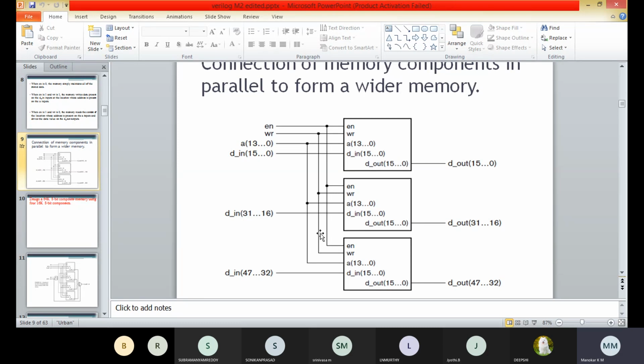Here if an application for which we are designing a system needs a memory of some other width, we need to use a number of memory components in parallel. For example, if we need 16K into 48 bits of memory for an application, we can construct it using 3 16K into 16-bit memory components.